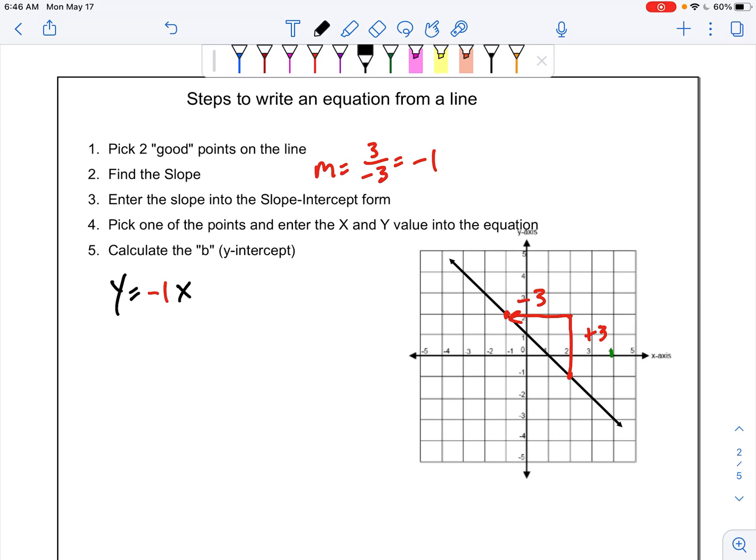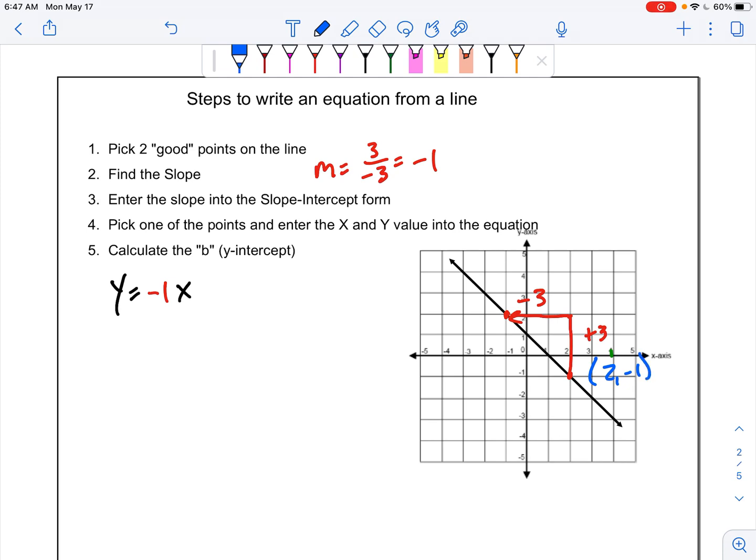And then I'm going to find where it crosses the y-axis. You can't always go by what it looks like is happening. So I am going to actually put in 2 points. I'm going to find the coordinate pair for this point here, and it is 2, -1.